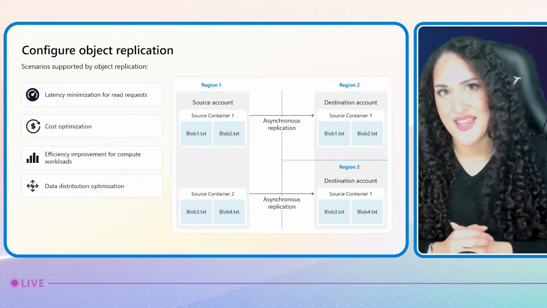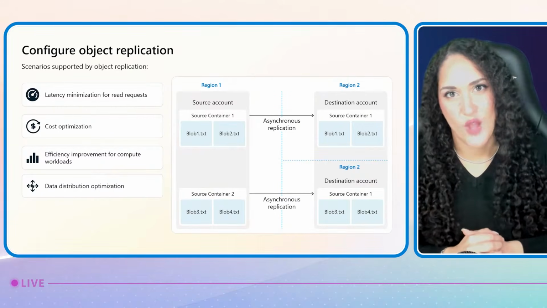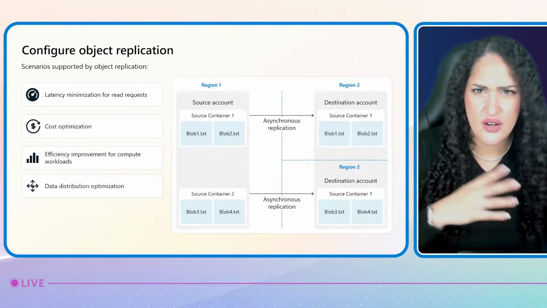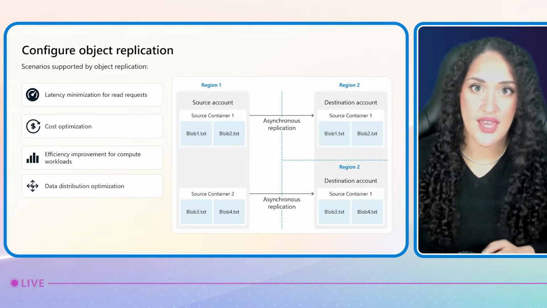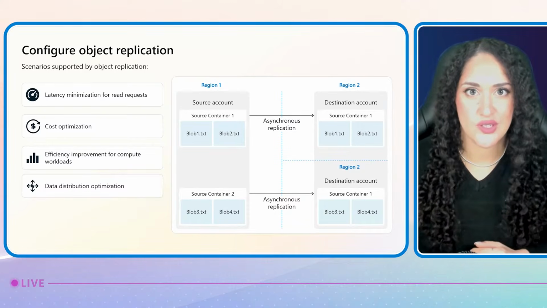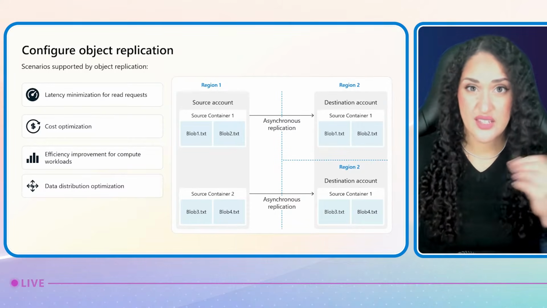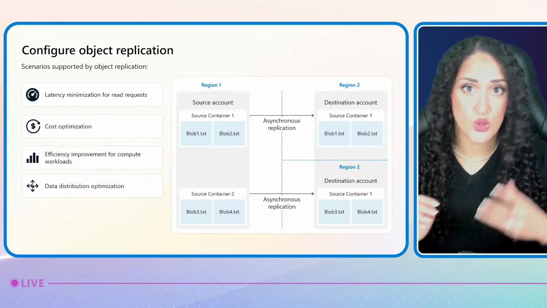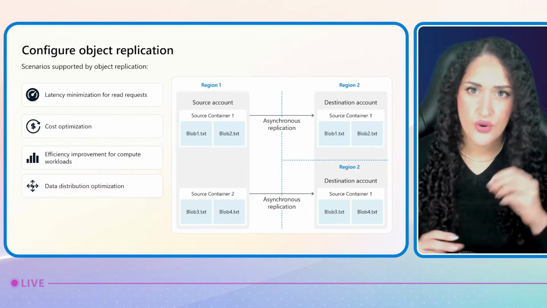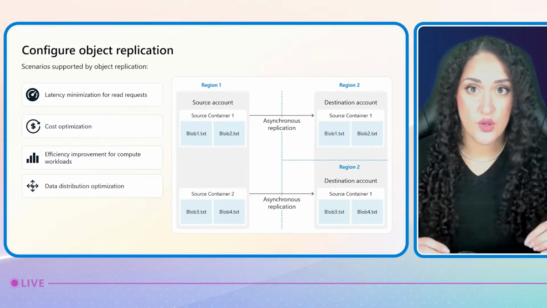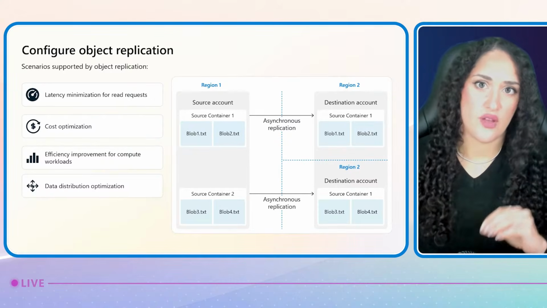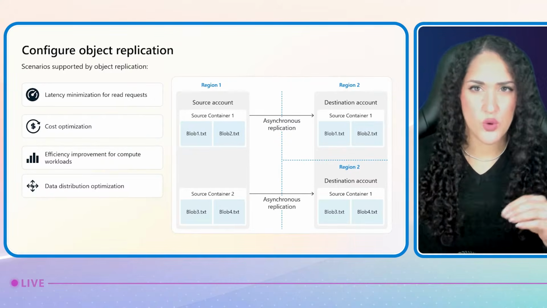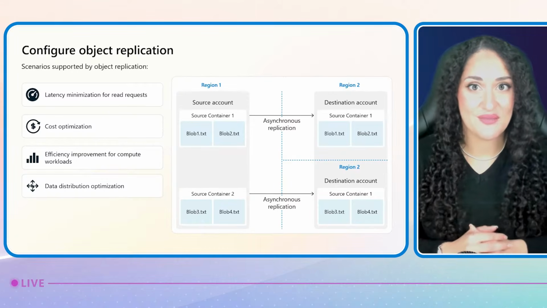Another way to protect your data is object replication. Object replication copies blobs asynchronously between a source and destination account, potentially across regions. This helps with latency optimization, cost optimization, and data distribution. For the exam, know the supported scenarios shown here, and remember that replication can be configured via the portal, PowerShell, or Azure CLI.